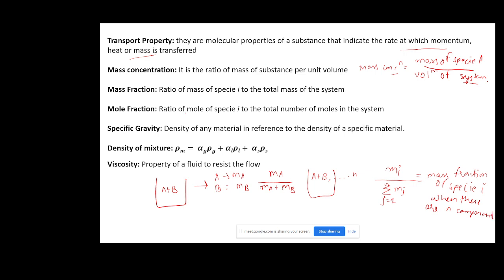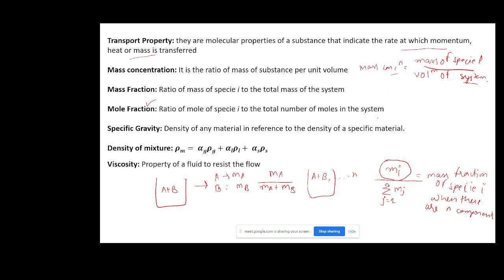Now the next terminology that we encounter frequently is the mole fraction. Similar to mass fraction, where we considered mass, to calculate mole fraction we will consider the number of moles.